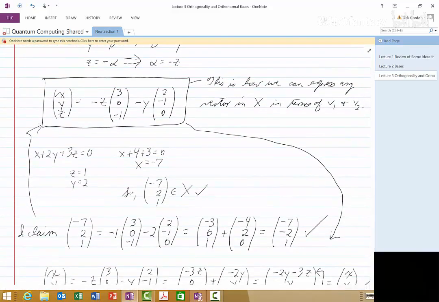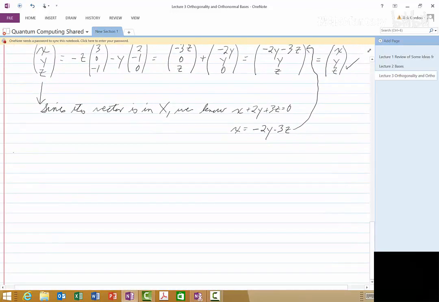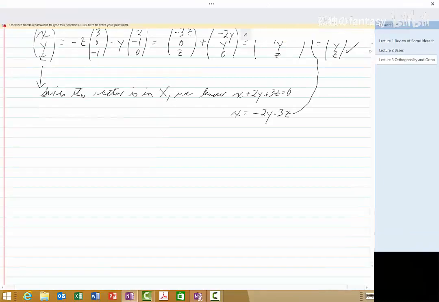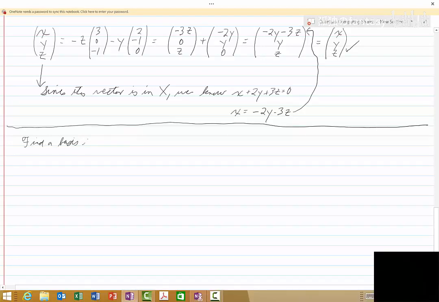So maybe before we move on, we should look at one more example of this. Let's say, find a basis for X plus 2y minus z equals 0.